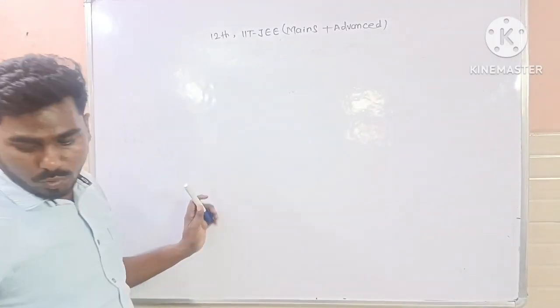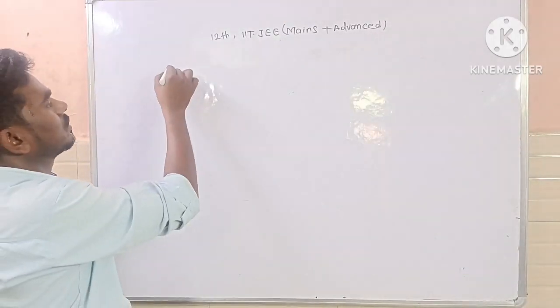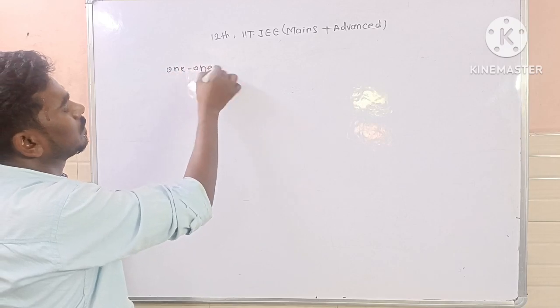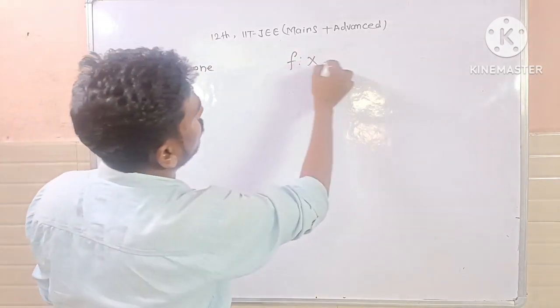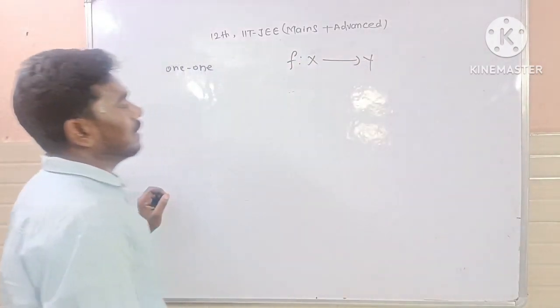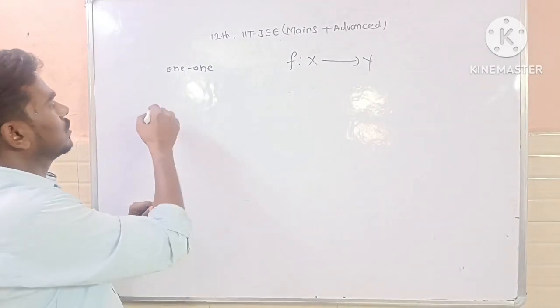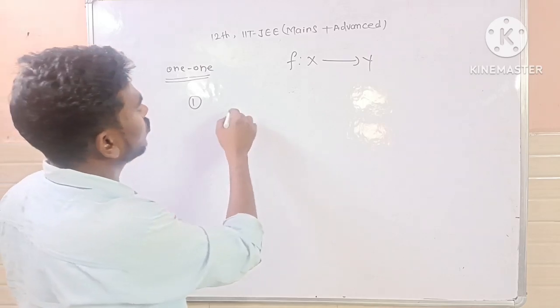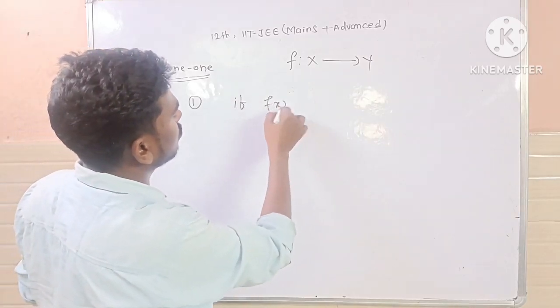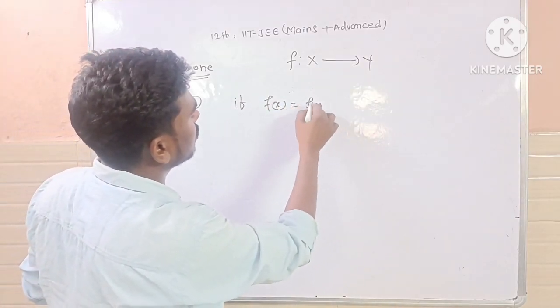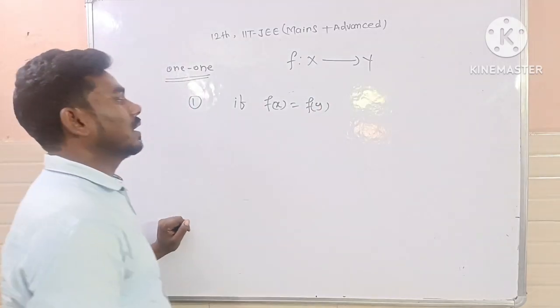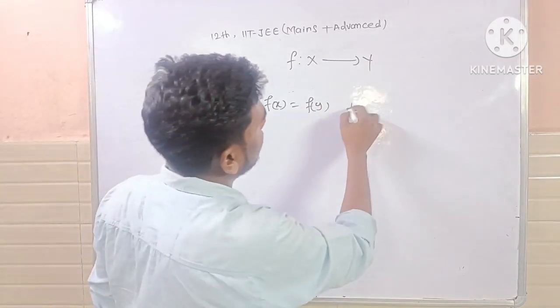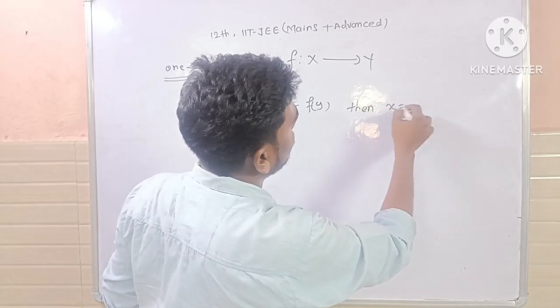Another property of functions is one-one. Suppose f goes from X to Y. How can we define a one-one function? The standard form is: if f of x equals f of y, then x must equal y.